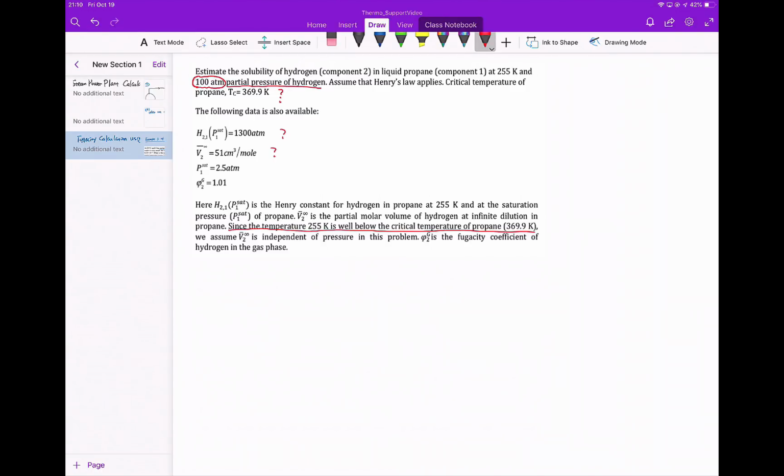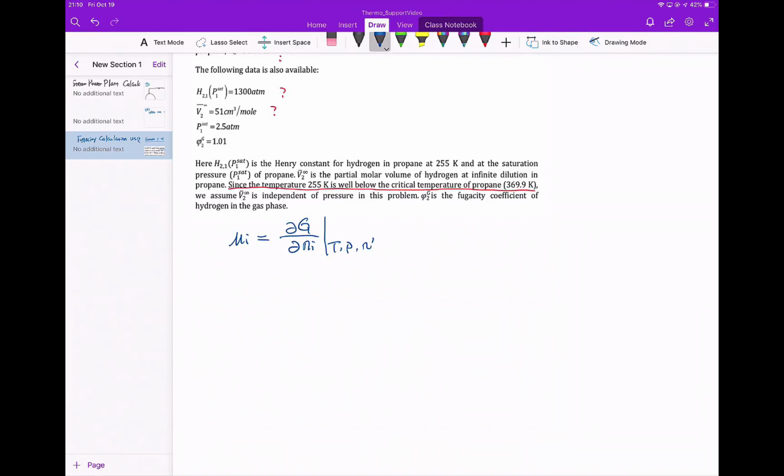First one is the definition of chemical potential: mu_i is the partial derivative of G with respect to n_i at fixed temperature, pressure and the other components. The second is the definition of fugacity, which is d mu_i equals RT d log f_i.